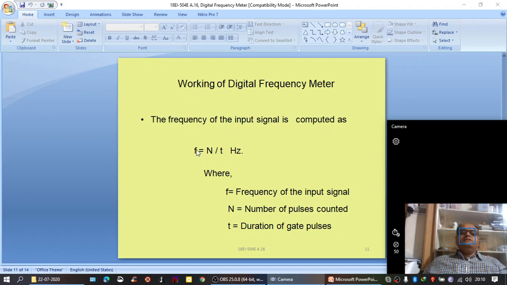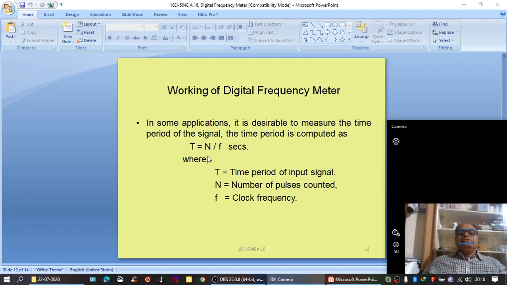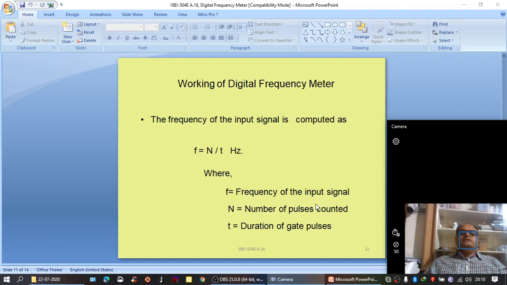Now just change this t to the left hand side, bring this t to the left hand side, and frequency to the right hand side. So the time period is n by frequency, where f is the clock frequency, n is the number of pulses counted, and T is the time period of the input signal. Here we know that time period is 1 by frequency.